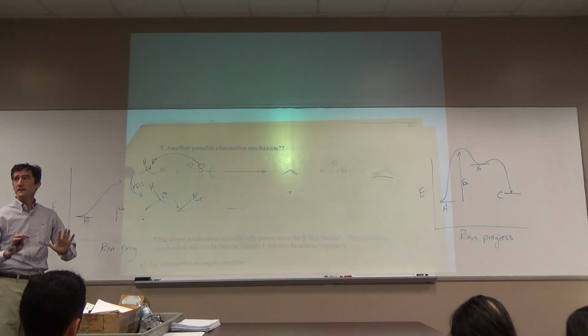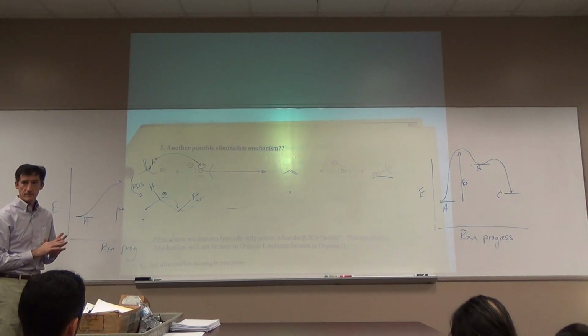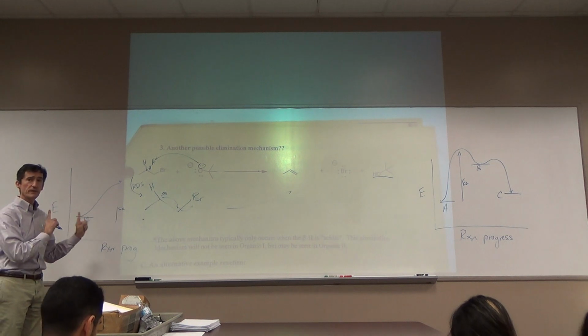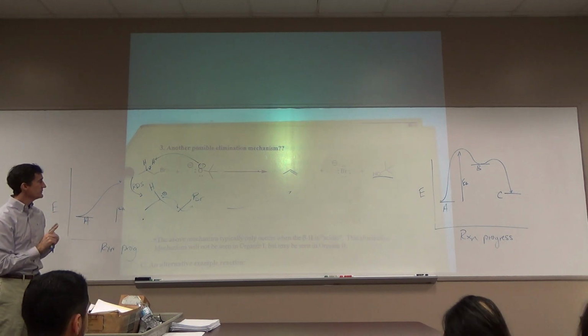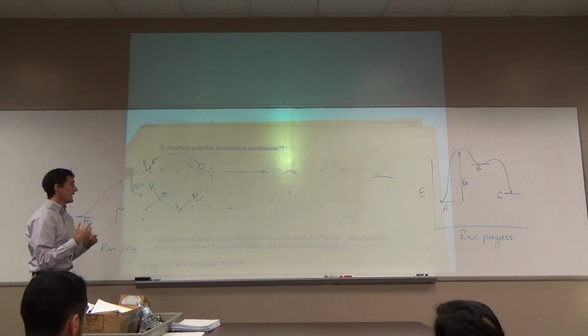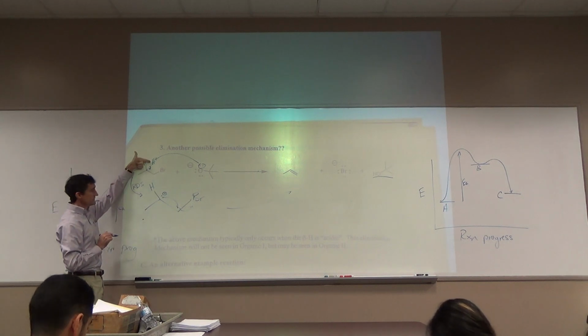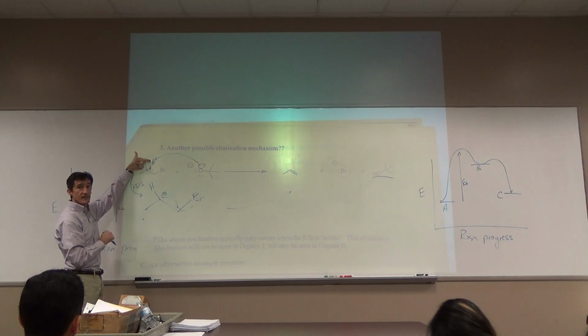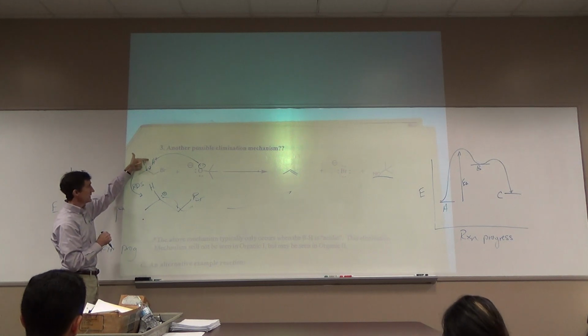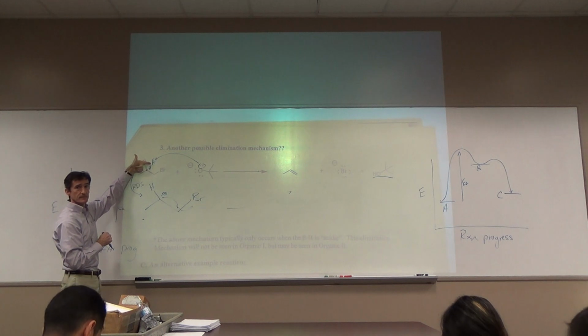This will never be the mechanism for this semester. Okay, we either do E1 or E2. Sometimes you guys want to do this. Here's a big thing. This H, which we removed before, is not acidic. That's just a hydrocarbon H. No acidity.